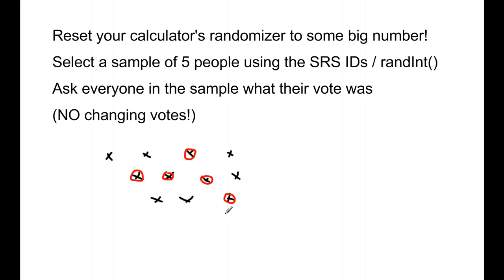So you randomly select 5, using your calculator to help you out, and you ask those 5 people. And of the 5 people you randomly selected, let's imagine that 2 out of 5 said they prefer Batman. And then the other 3 would obviously be Iron Man, the only other choice.